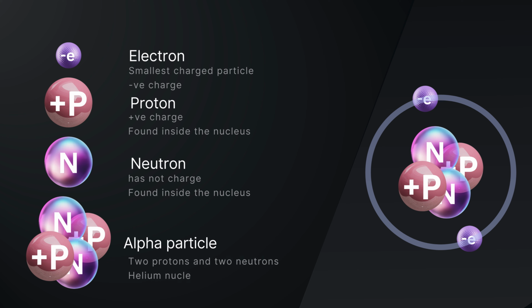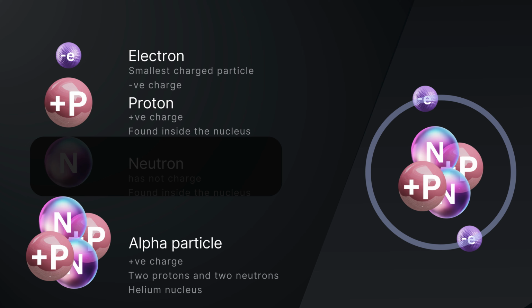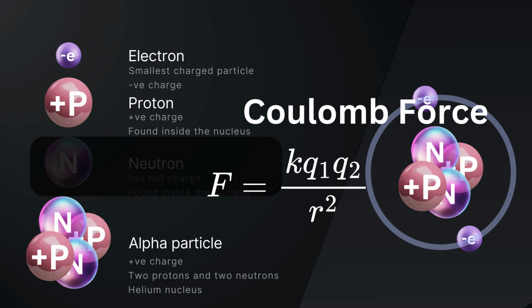Sometimes it is referred to as the nucleus of helium. Alpha particle has positive charge. The charged particles like electron, proton, and alpha particle interact with the target atoms following the Coulomb force. This force increases as the charge increases and as the distance decreases.